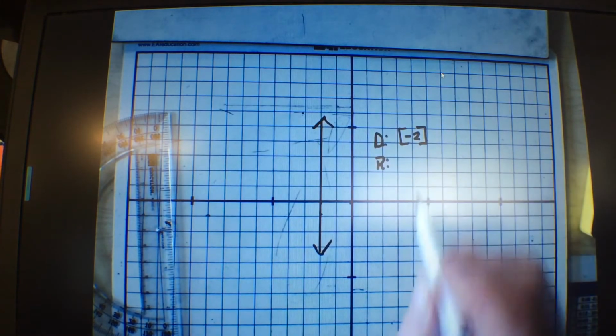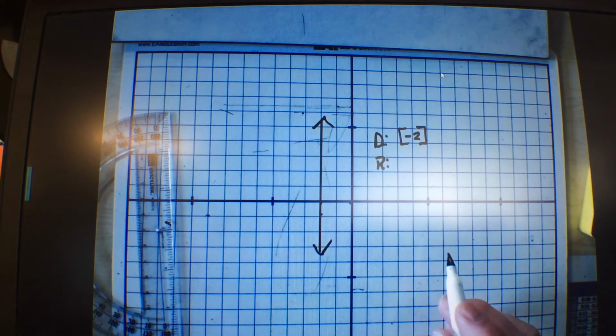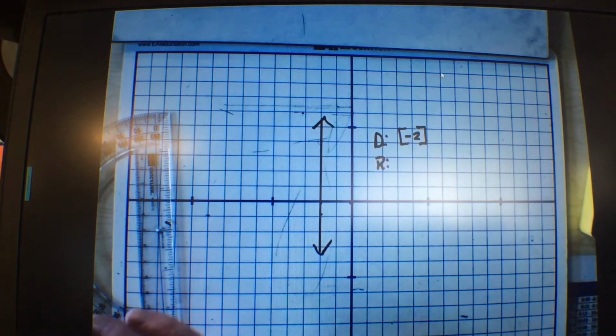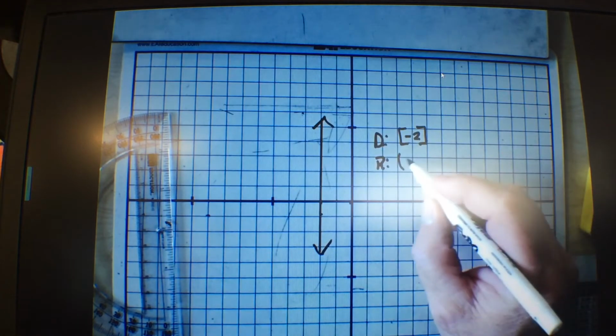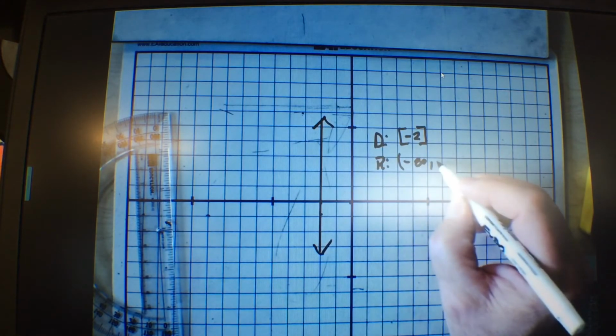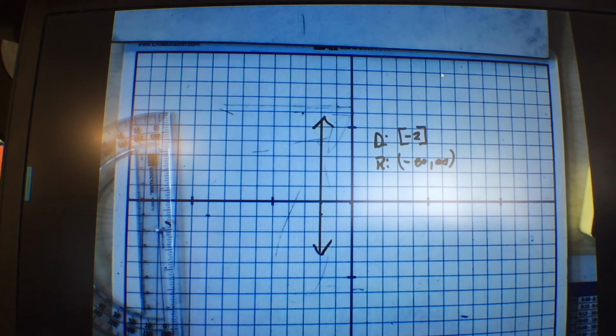Now, what's your range? How high does that line go? Infinite. How low does it go? Infinite. Range is up and down, right? So it goes all real numbers. This is how we write all real numbers. What are those things?